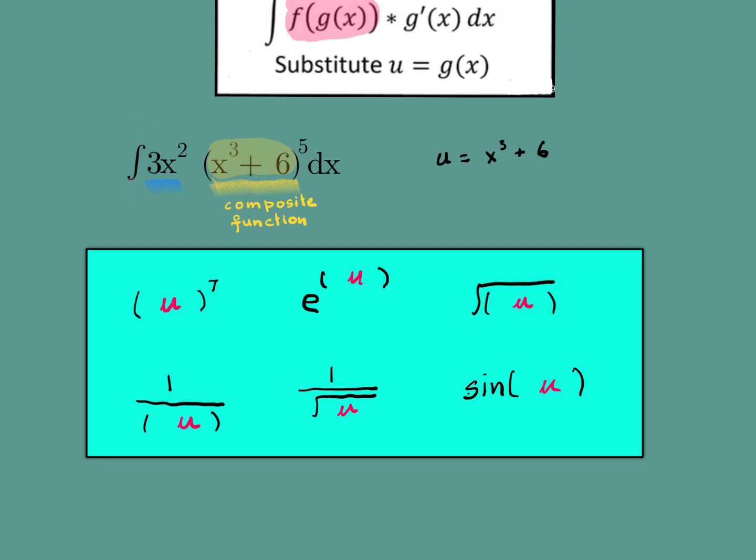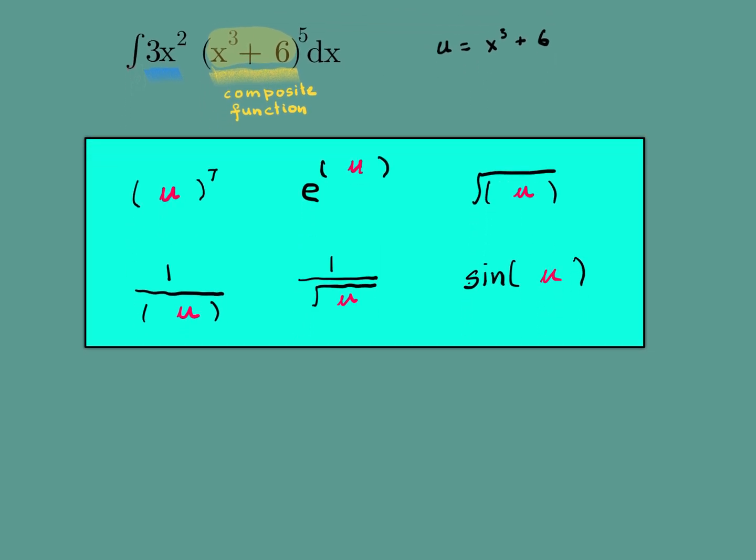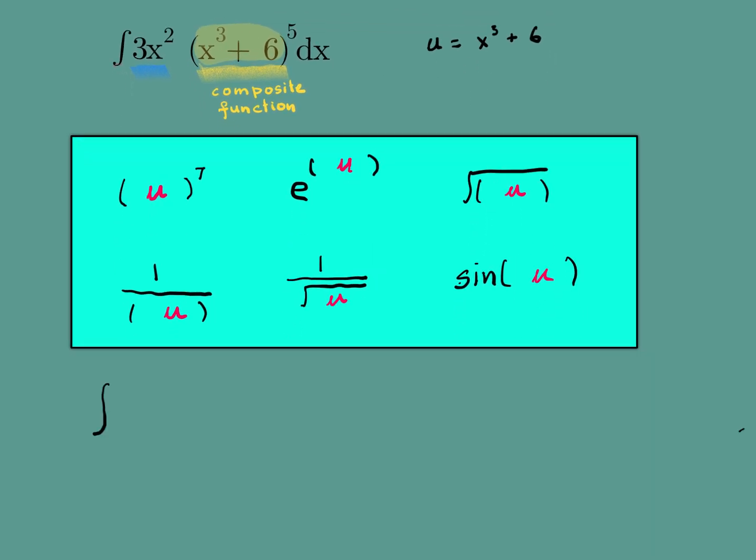So let's continue integrating our original function, the integral of 3x squared, and we had x cubed plus 6 to the power of 5 dx. Now we had an understanding that U is now going to be represented by x cubed plus 6.